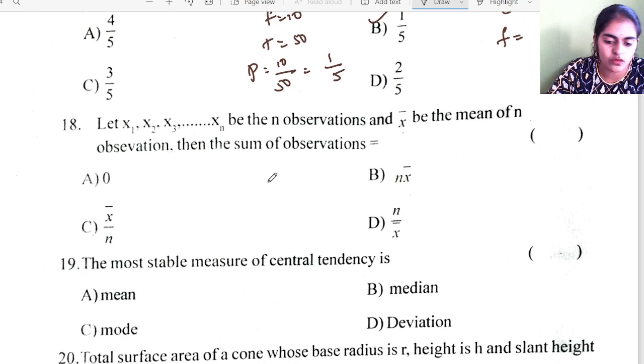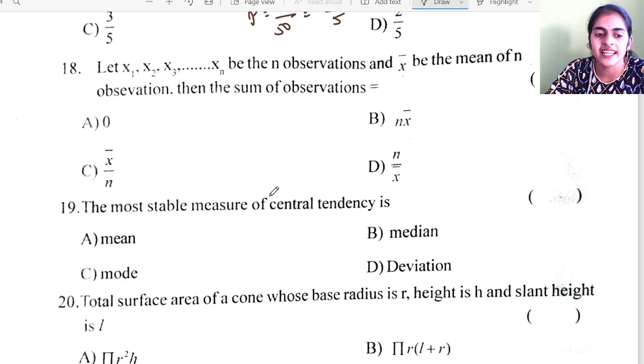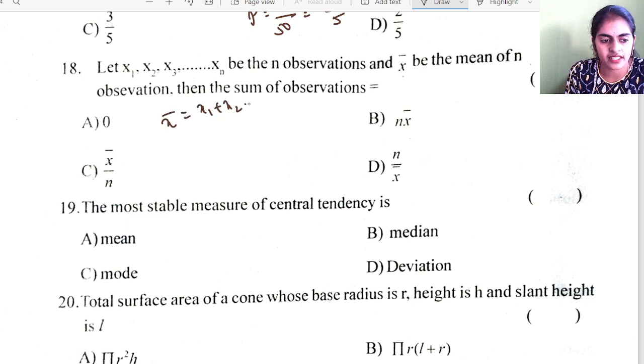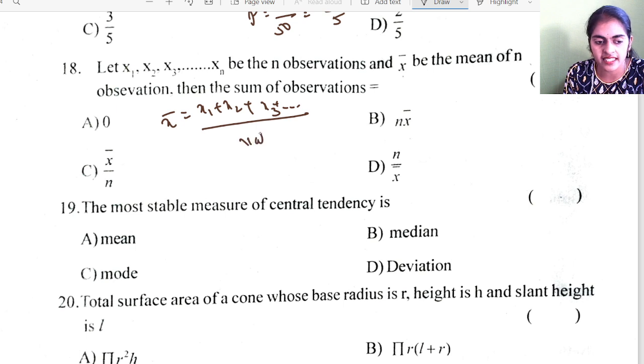Let x1, x2, so on xn be the n observations, and x bar be the mean of the n observations. Then you have to find the sum of observations.